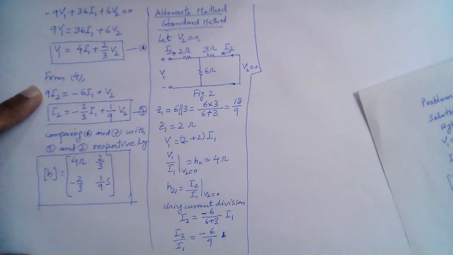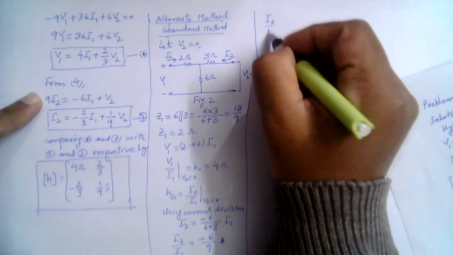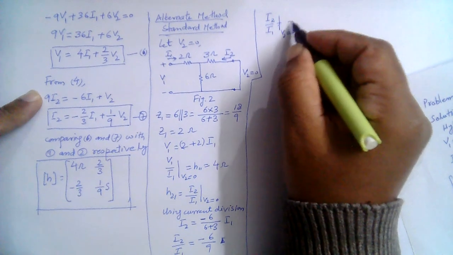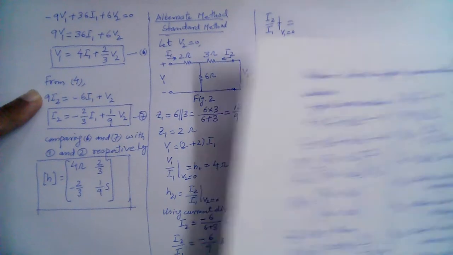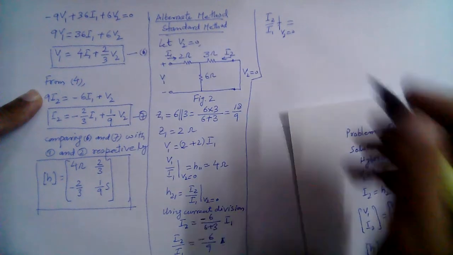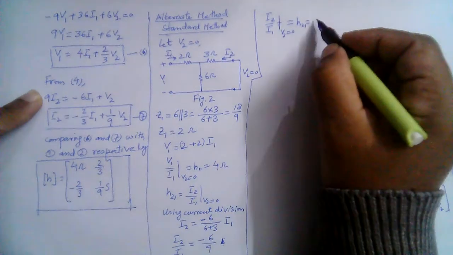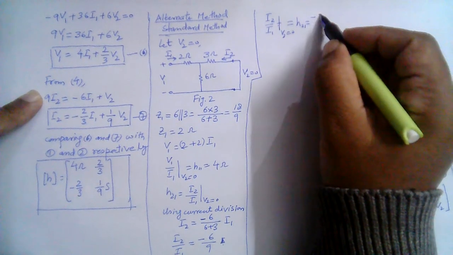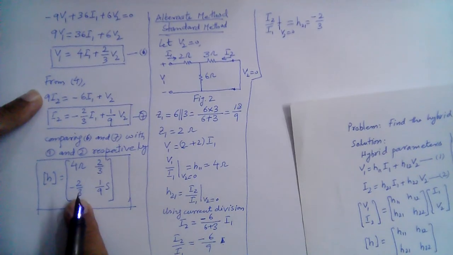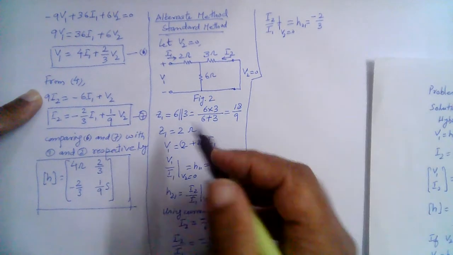So I2 divided by I1 while V2 is equal to 0, this is H21, right? So this is H21, equal to minus 2 over 3, right? And this is the same parameter that we obtained here. So we have found these two parameters.